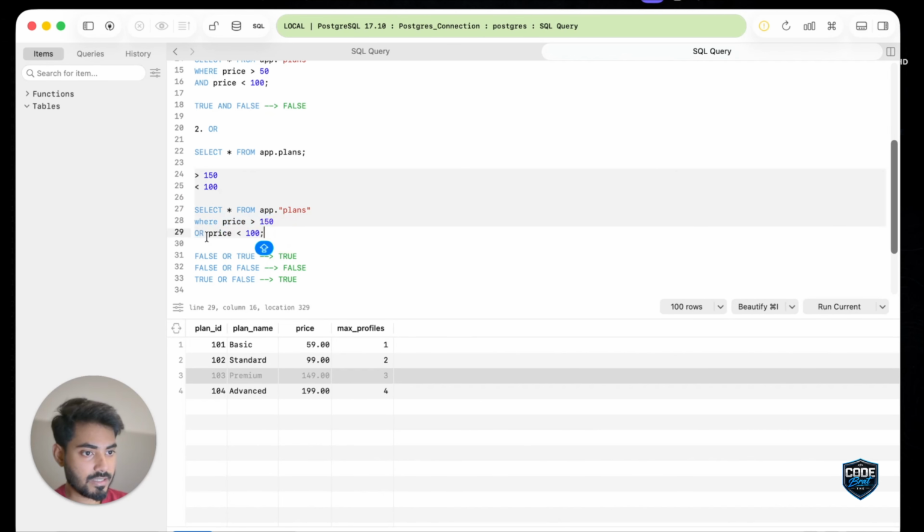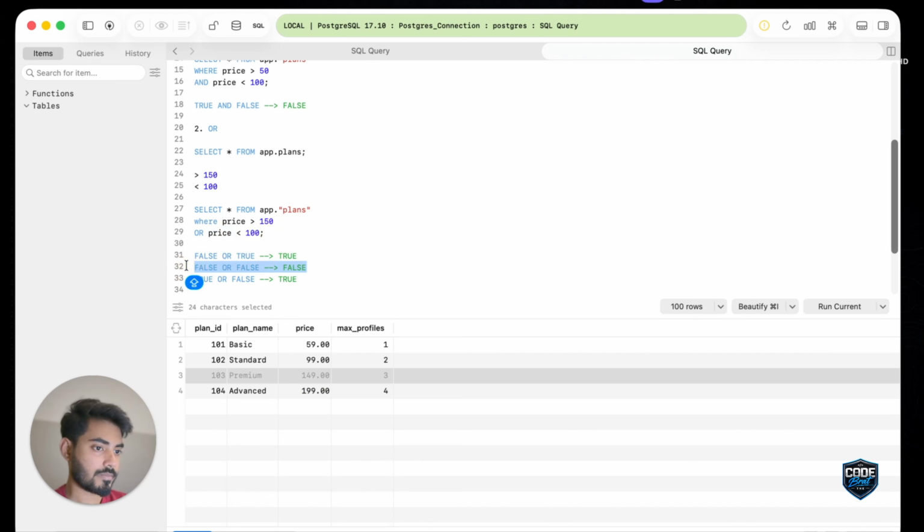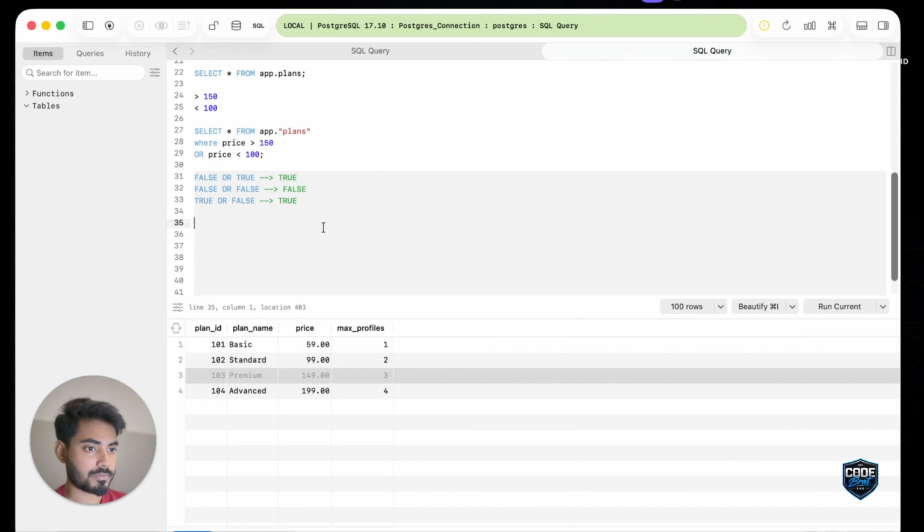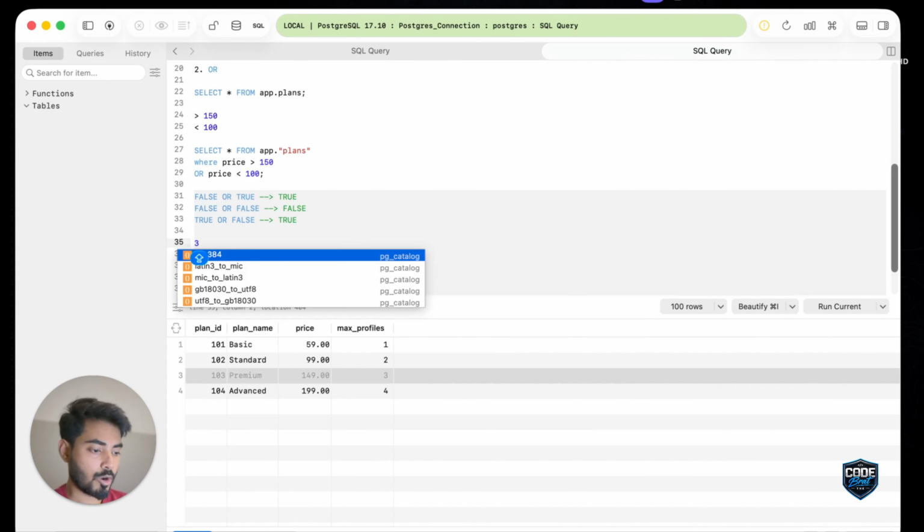So this condition is false. And this price is not less than 100 as well. So this condition is also false. So false or false will always be false. That's why we did not get this row in the output. We got only the first, second and fourth rows. So this was all about the OR logical operator.